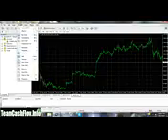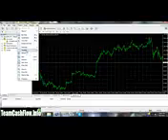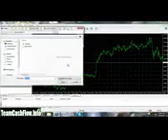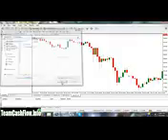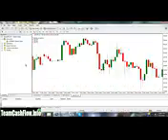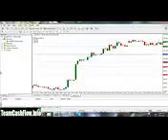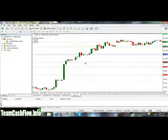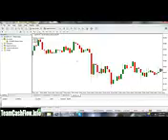So what I'm going to do here is go to my chart, go to templates, and it's just a blank chart. So I'm going to load up my template, binary trading. This is the template that I've already revealed in the free guide that I give to my followers.